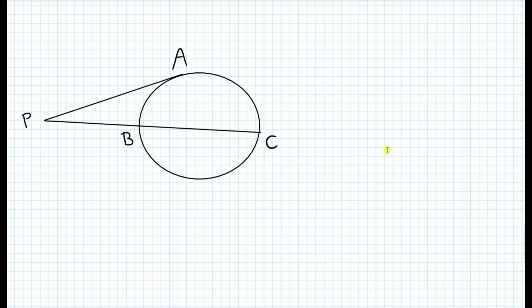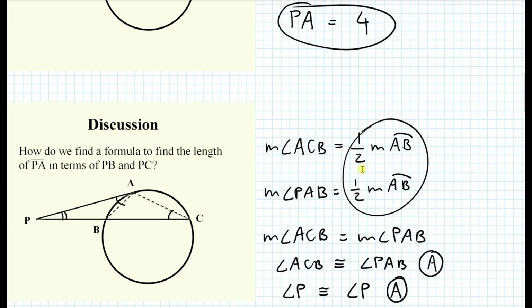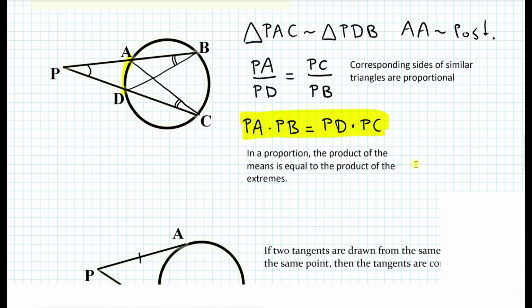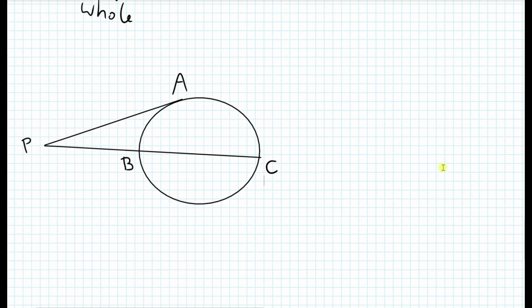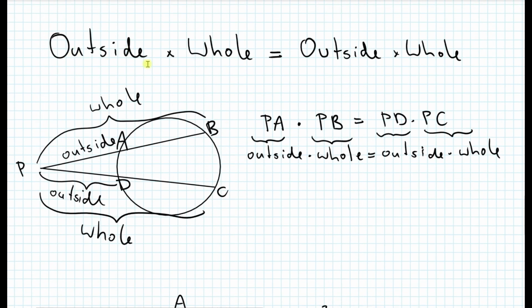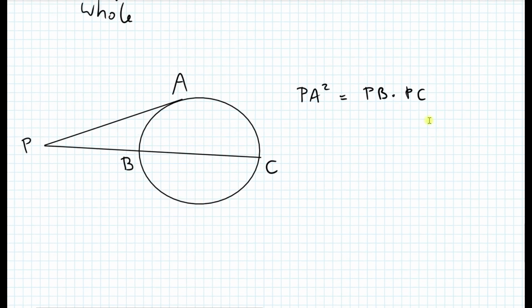So according to what we obtained before by similar triangles, we had PA squared equal to PB times PC. Okay, so let me rewrite that as PA squared equals PB times PC. Well, how can we apply the outside times whole equals outside times whole in this case? Well, if you look at PA, that's a tangent.